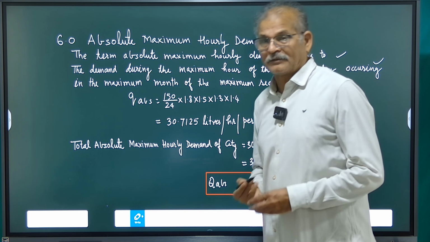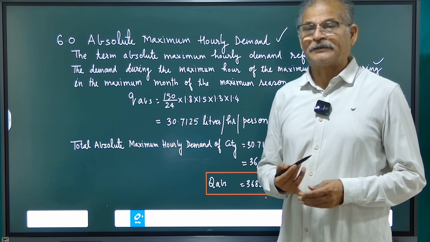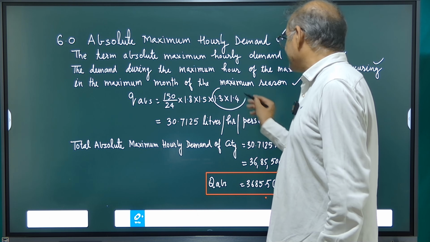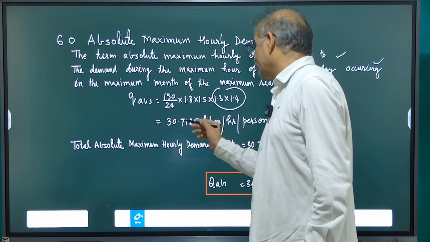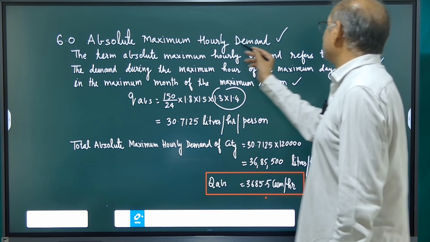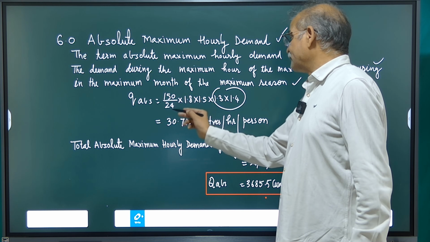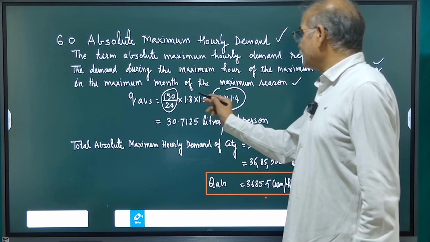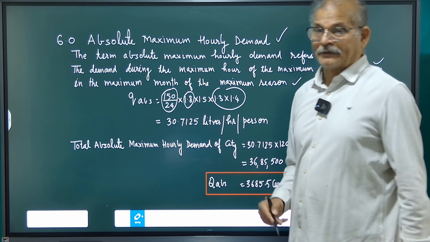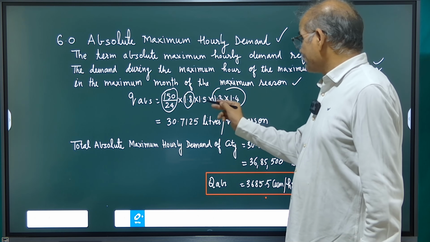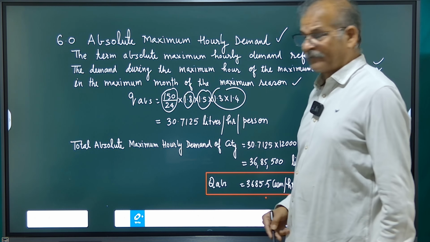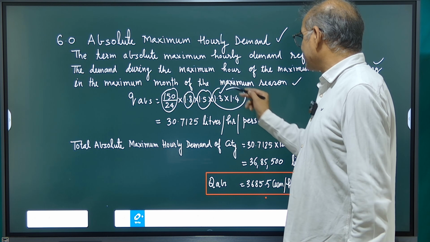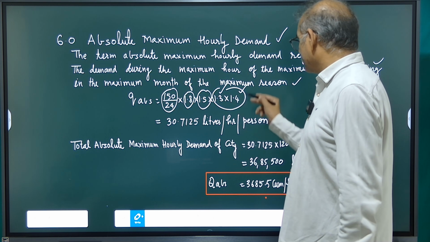So maximum season factor is 1.3, maximum monthly factor is 1.4. If we multiply these to the maximum hourly demand, we get the absolute maximum hourly demand. That is 150 by 24 liter per capita per day hourly demand into 1.8 for maximum daily demand, and then 1.5 factor is for the maximum hourly demand, and this is the seasonal, and this is monthly factor.